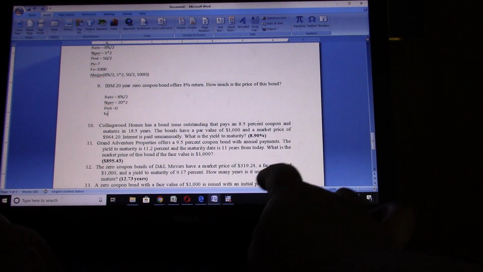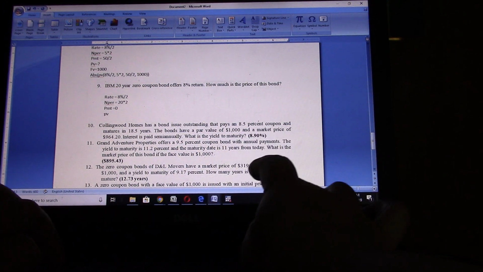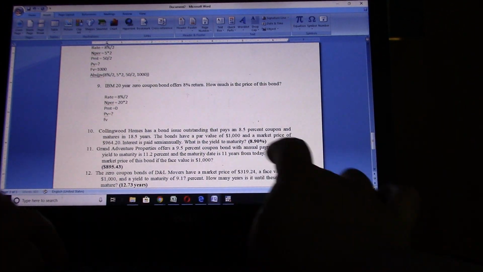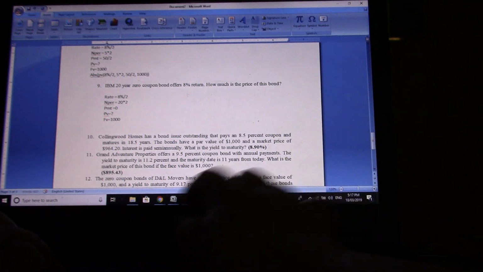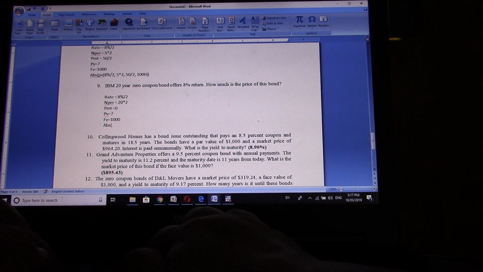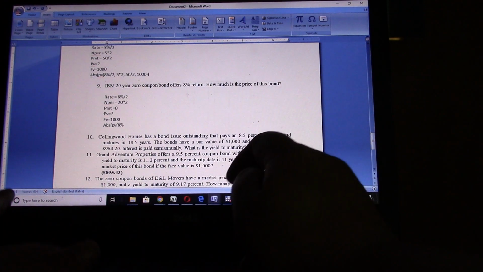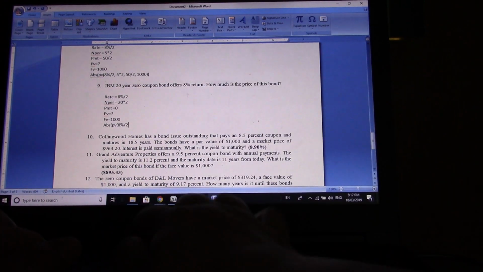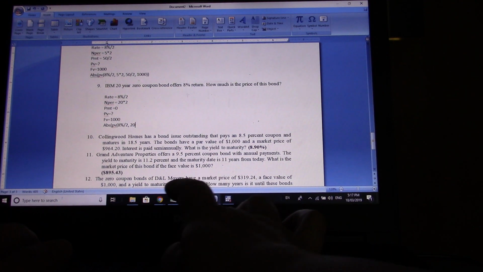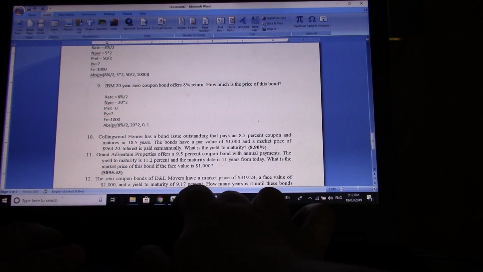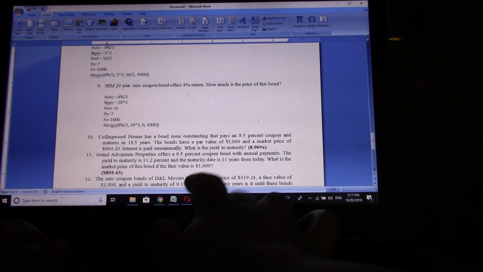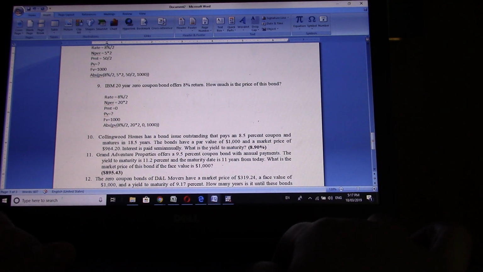PV is the question, and FV is 1,000. So it should be ABS, PV, 8% divided by 2, 20 times 2, 0, 1,000. Should be this one.